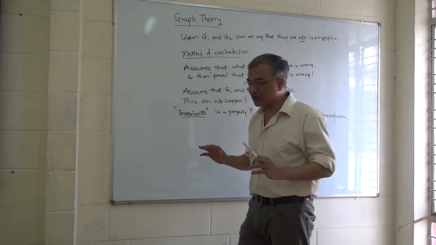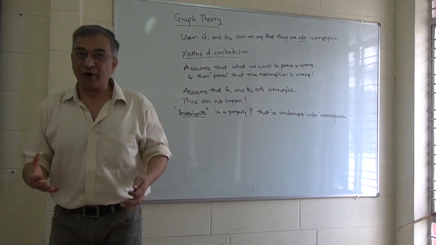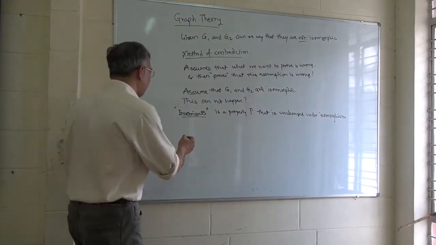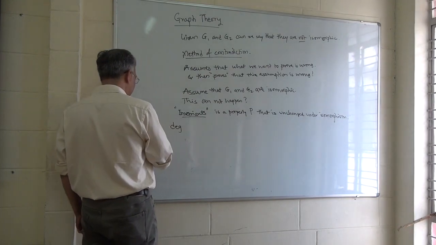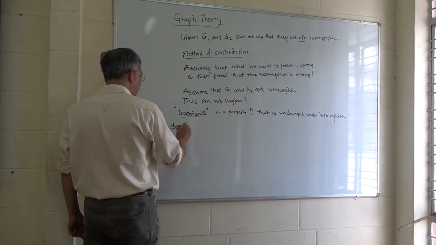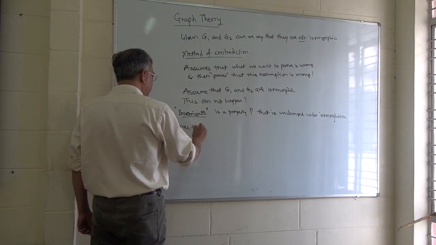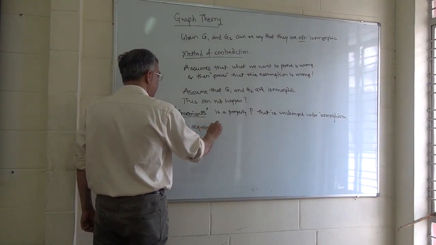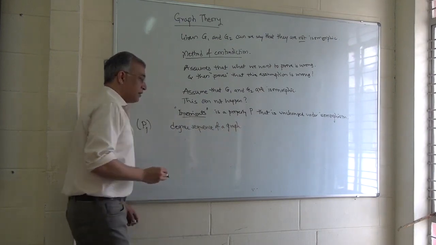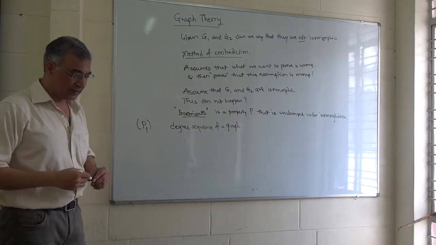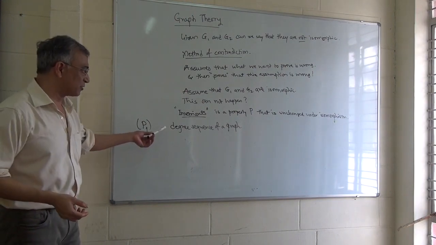How do we now actually give those properties? That's the question. So the first property that we give is the degree sequence of a graph. I was told that you have already attended one lecture or some lectures on graph theory.